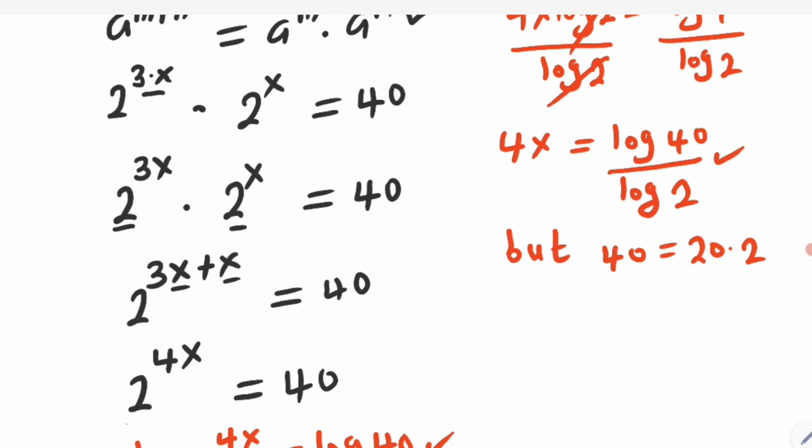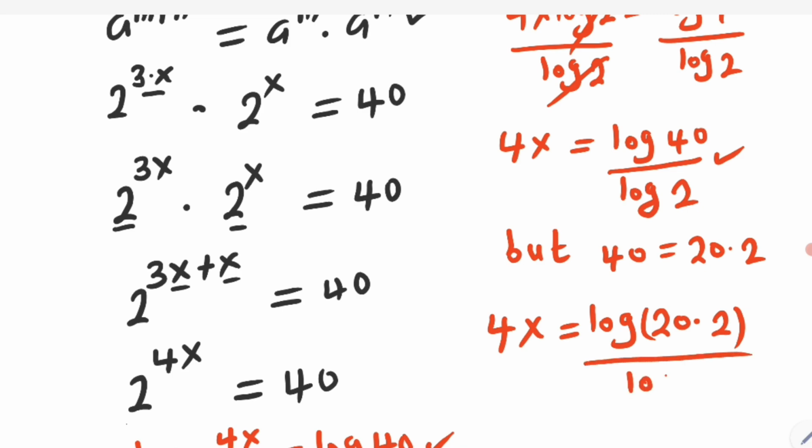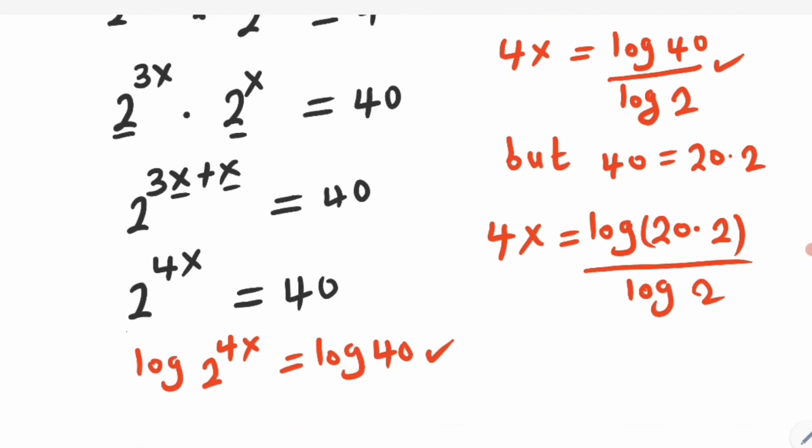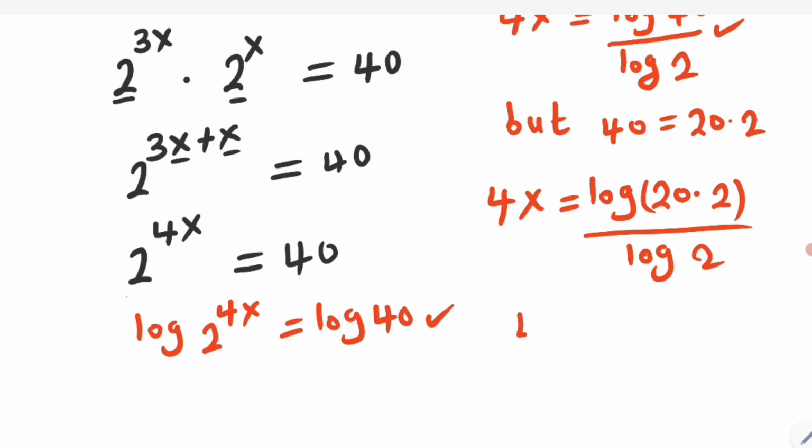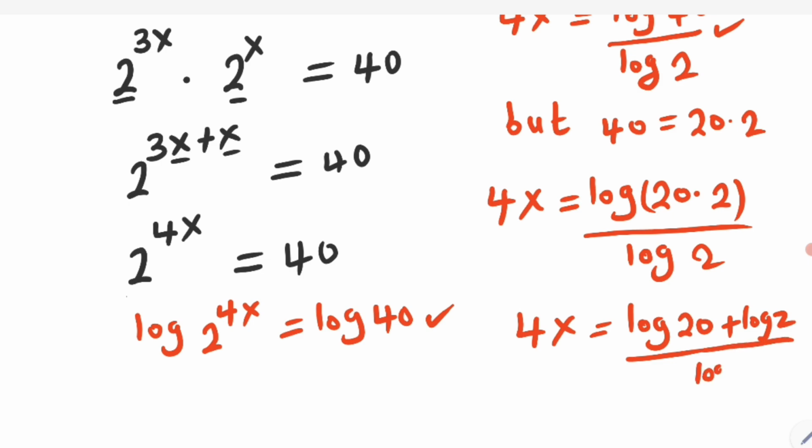Then this can be written as 4x is equal to log 20 multiplied by 2 over log 2. And this is same thing as 4x is equal to log 20 plus log 2, this over log 2.